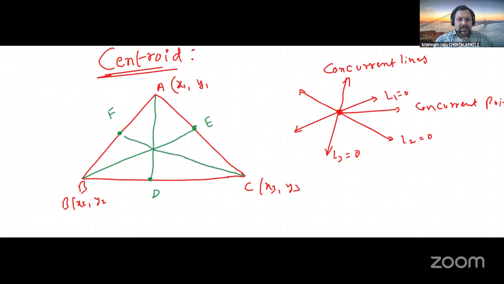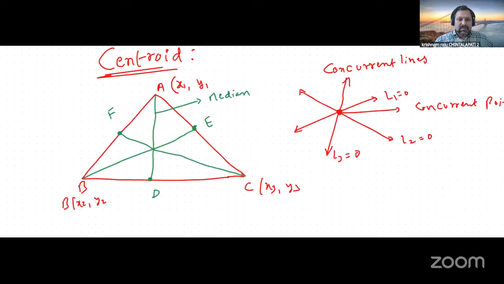These lines are called medians. So here, three medians are there, and these three medians pass through the same point.